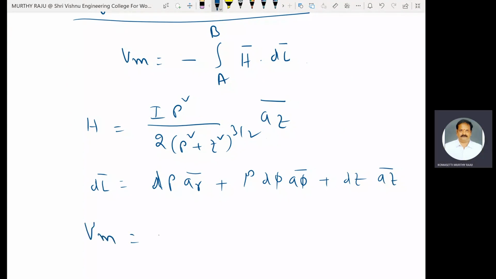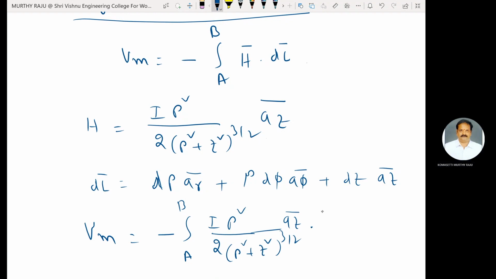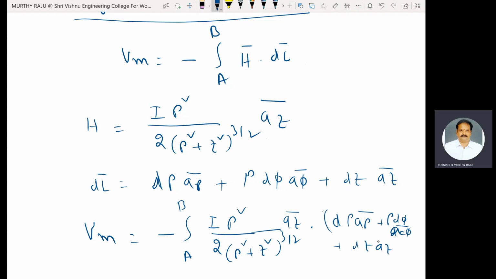Vm is equal to minus integral from a to b of H bar, I rho square by 2 (rho square plus z square) to the power 3 by 2 az bar, dot dl, which is d rho a rho bar plus rho d phi a phi bar plus dz az bar.